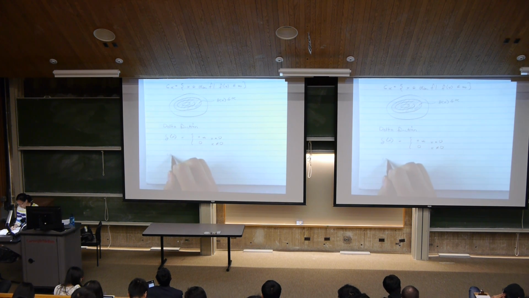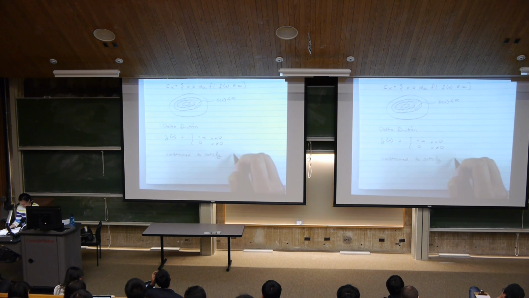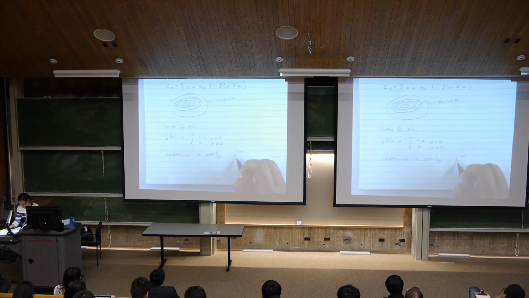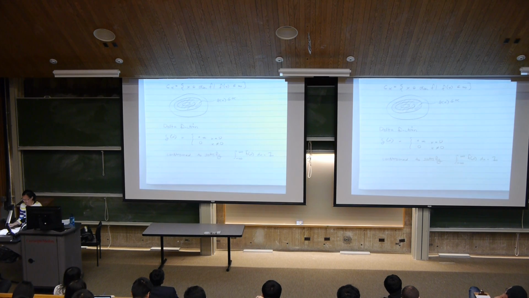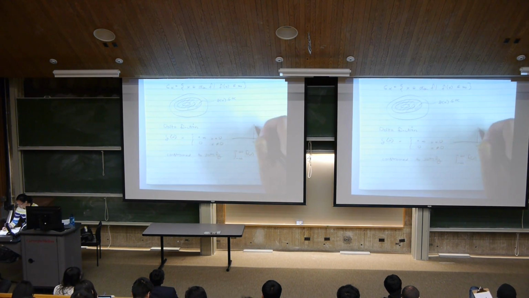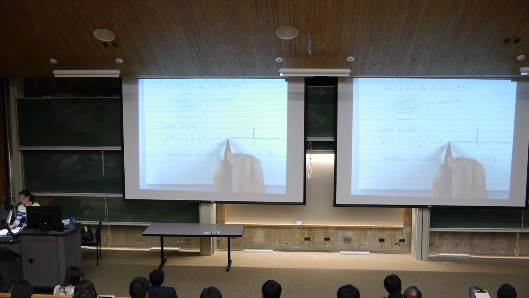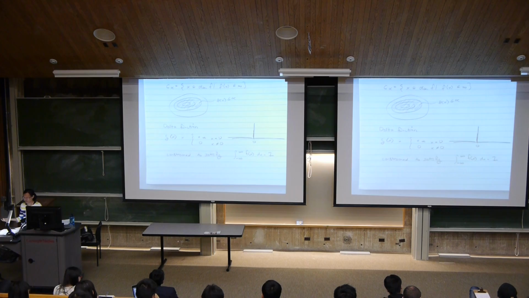And it's also constrained to satisfy this equation. Basically, at 0 there's a spike, and everywhere else it's 0. It's a delta function.